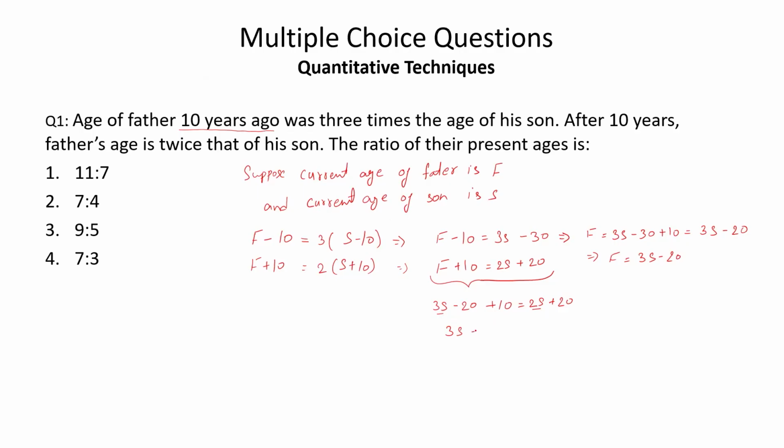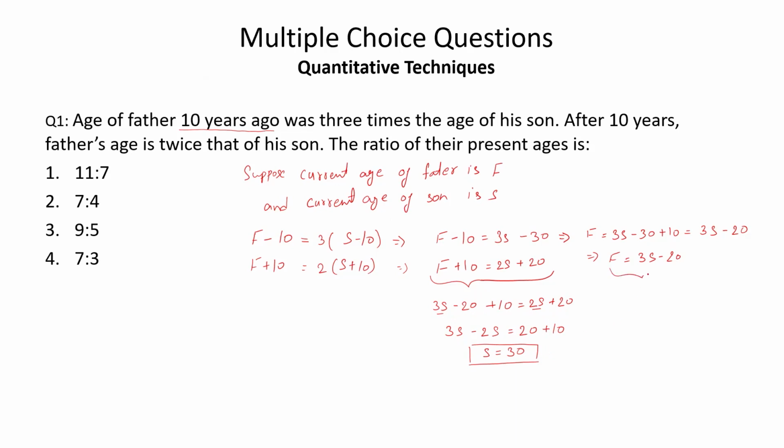So 3S minus 2S is equal to the numbers on the other side. Here you already have 20, and 20 minus 10 is 10, since minus 10 goes to this side and becomes plus 10. So 3S minus 2S is S, so S is 30. So the current age of the son is 30.